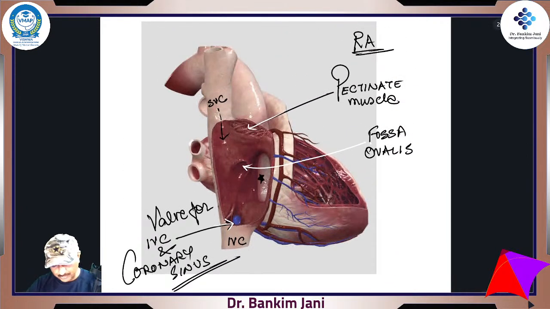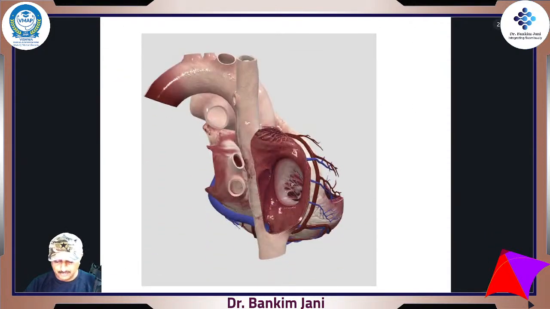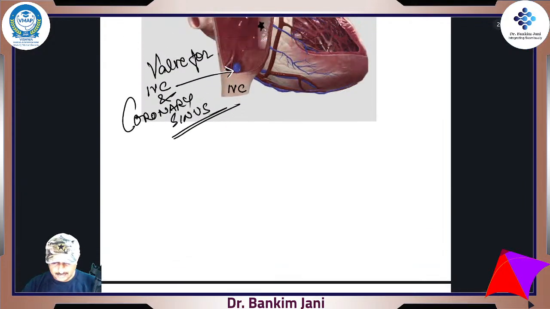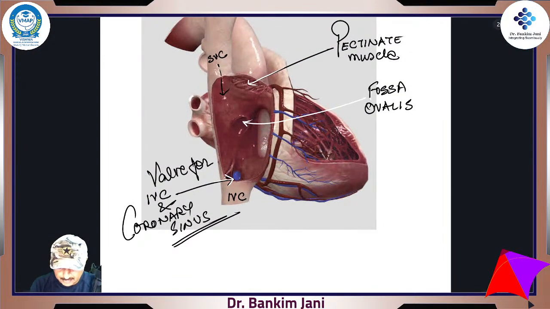We'll see, as we rotate, how it goes into the right ventricle. That is where we'll see the valve. Here is our valve. Just before the valve is the interatrial septum.